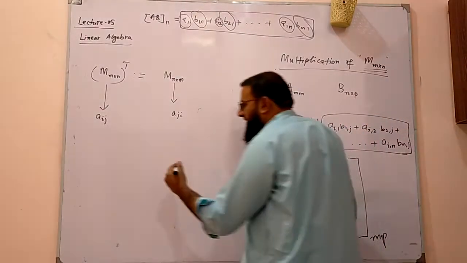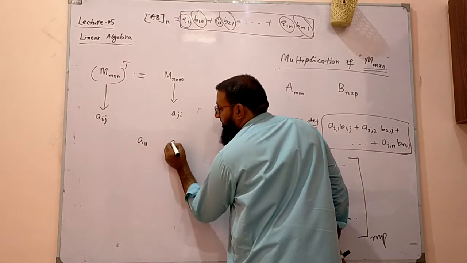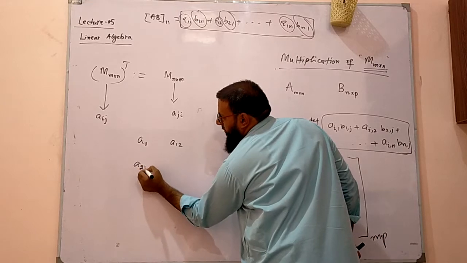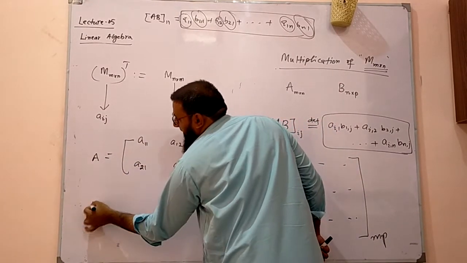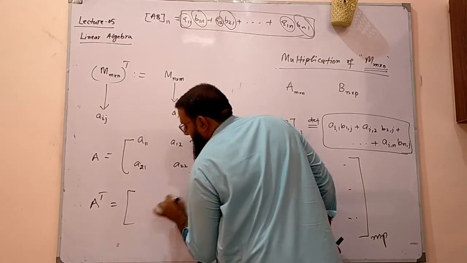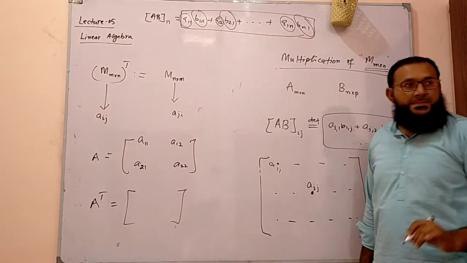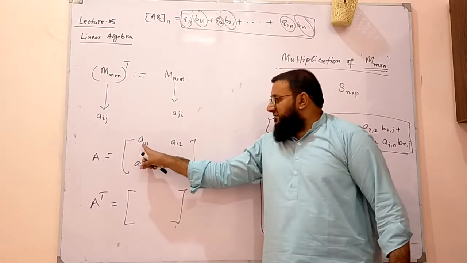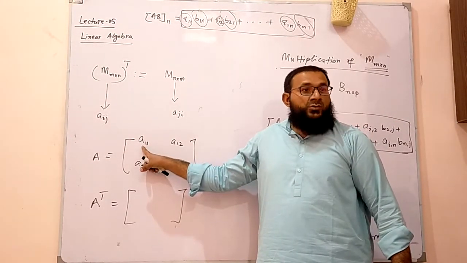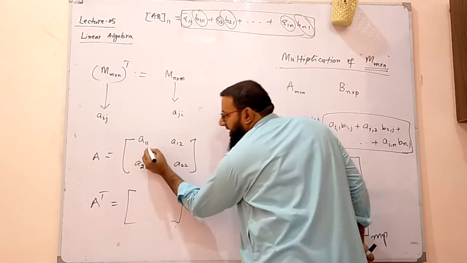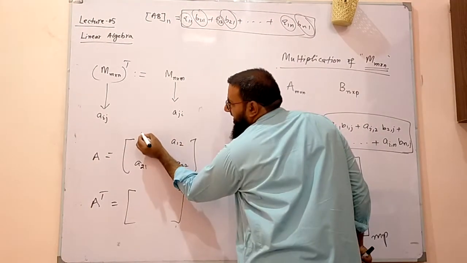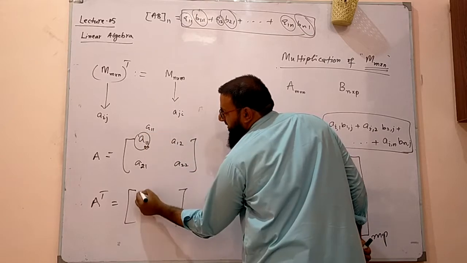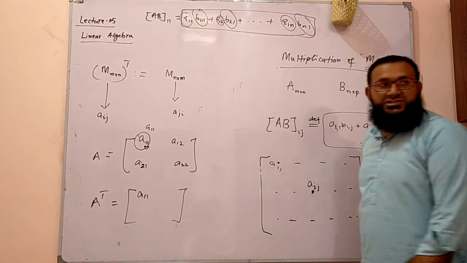For example, a very basic example is A11, A12, A21, A22. This is, let's say, a matrix A, and I am going to find out its transpose. What happens basically, that you have an entry A11, you are going to replace these two indices. Then you exactly get the same thing A11, hence it is placed at the same position.